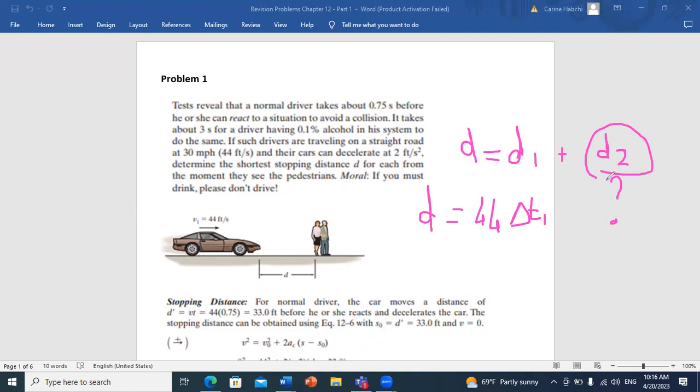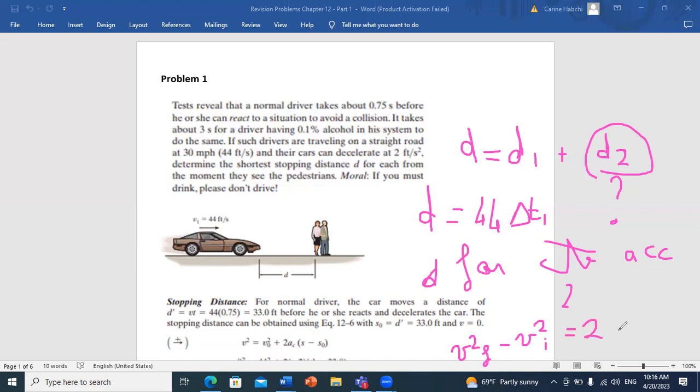Correct. From those equations we learned, what do we need? For d2, we know that for constant acceleration, phase 2 has constant a. For constant acceleration, okay, we can write that v square final minus v square initial equals 2a delta s.